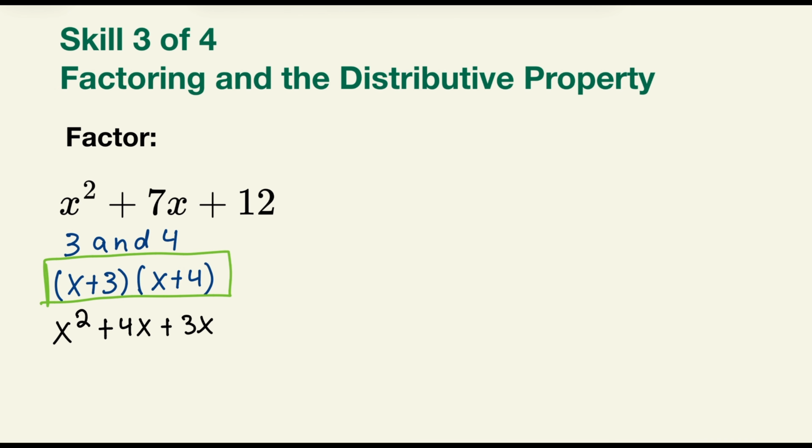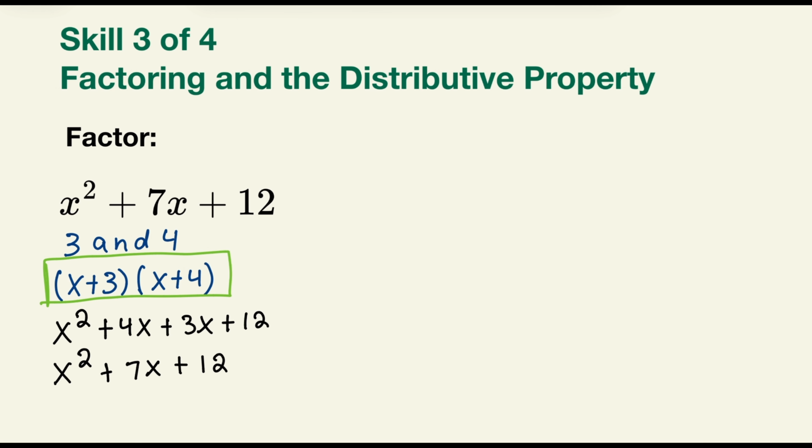And finally, multiply 3 times 4, which is 12. Combine like terms. 4x plus 3x is 7x. So as you can see, we are right back where we started from. x squared plus 7x plus 12.